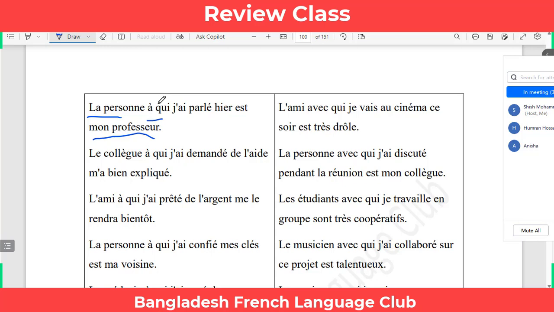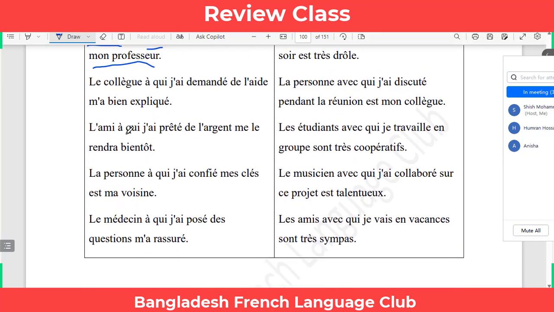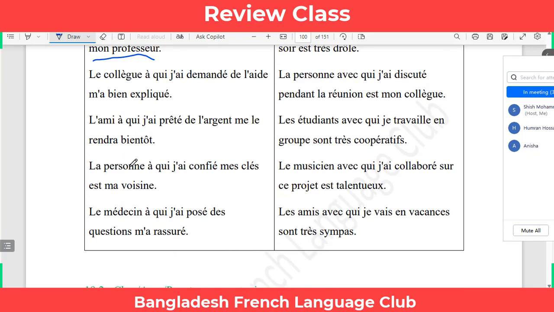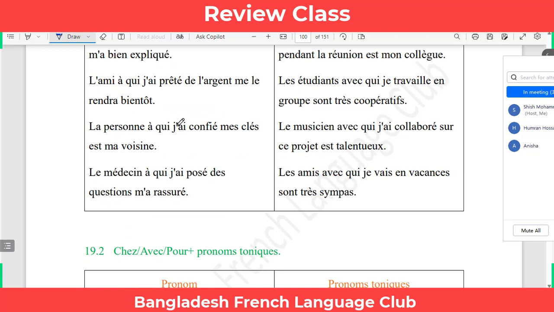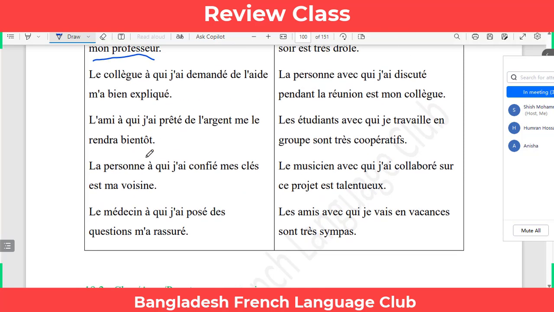So here à qui, and is there any other difference? La personne, le médecin, not plural here, just a singular one. Like this one: l'ami à qui j'ai prêté de l'argent me le rendra bientôt, means will return it to me very soon, right?